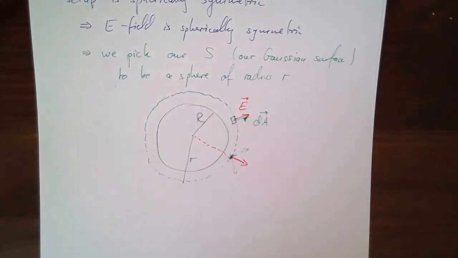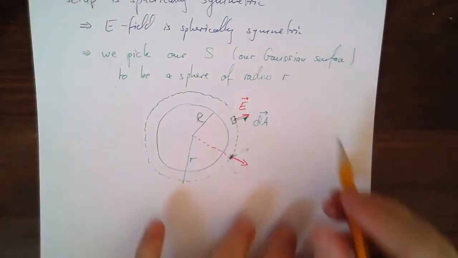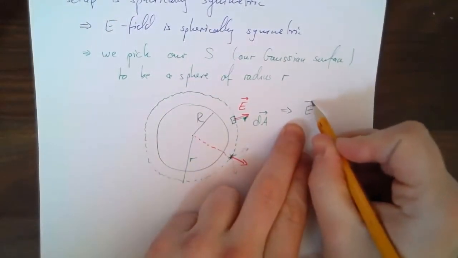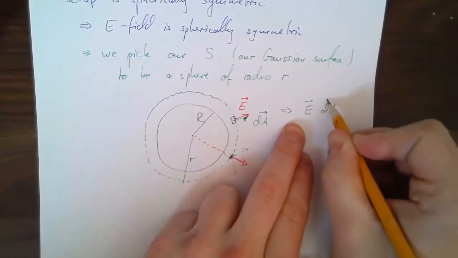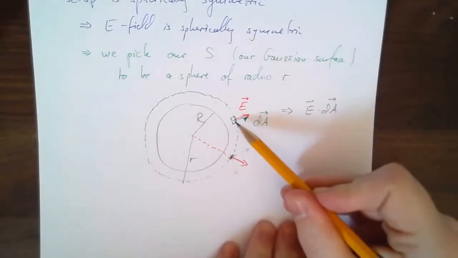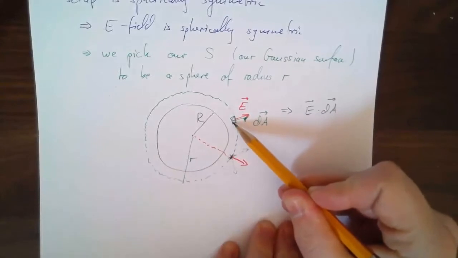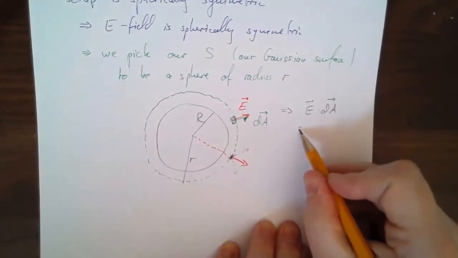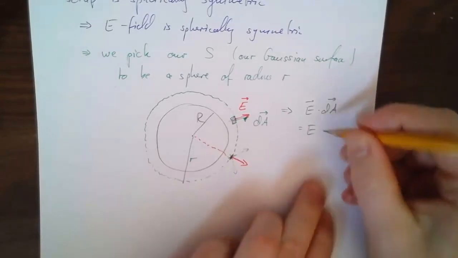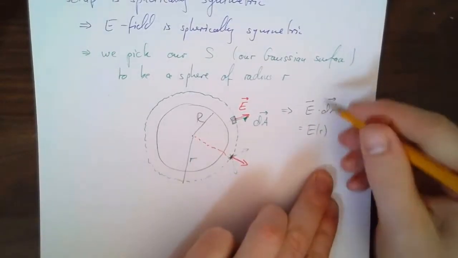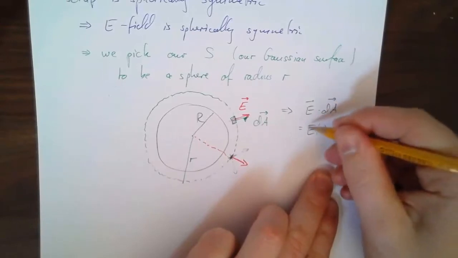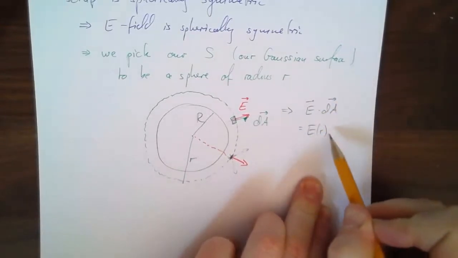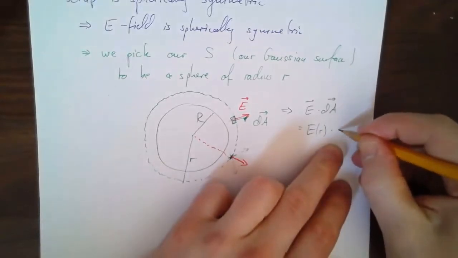So those two together imply that E dot dA, the flux through this tiny little window, right? How many electric field lines are going through the window? That is equal to the strength of the E field at the distance r. I'm just going to write E(r) without the arrow, meaning this is just the magnitude, times dA.